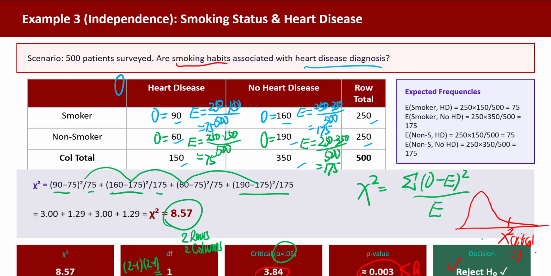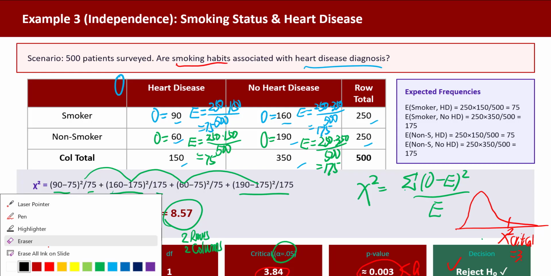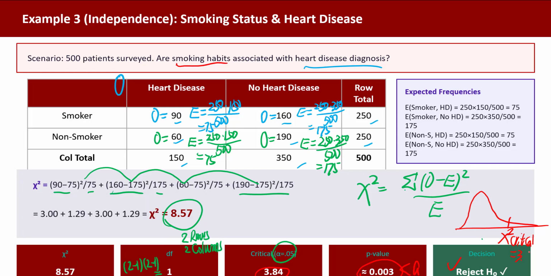And then the test statistic is 8.57. So this is the rejection region. The test statistic falls in the rejection region. So that's why we reject H0. In conclusion, rejecting H0 indicates smoking habits are associated with the heart disease diagnosis.